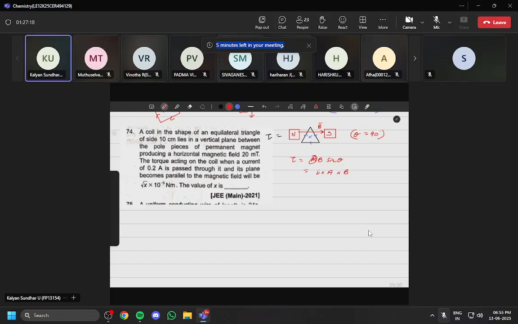Right. Now what is A? Correct, sir. It's an equilateral triangle. What is the area of an equilateral triangle? Root 3 a square by 4, into your magnetic field. This is the area of an equilateral triangle.